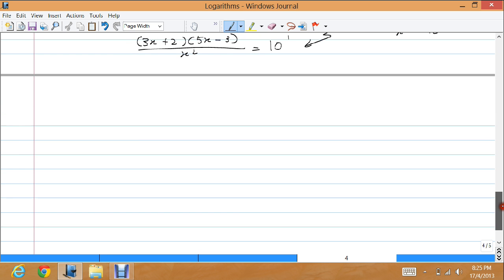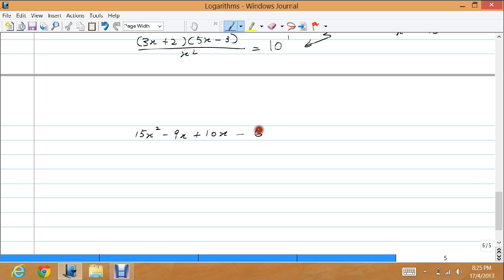So all that remains is to simplify this further into a quadratic equation since there's no more log function. Let's expand the top. So I get 15x squared minus 9x plus 10x minus 6. Multiply both sides by x squared, I get 10x squared.